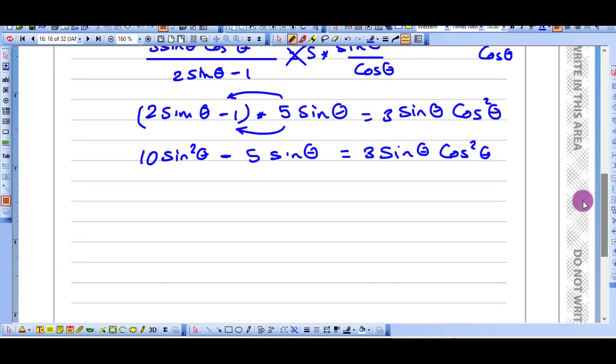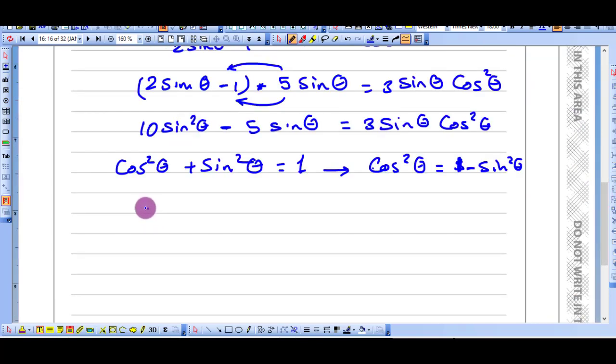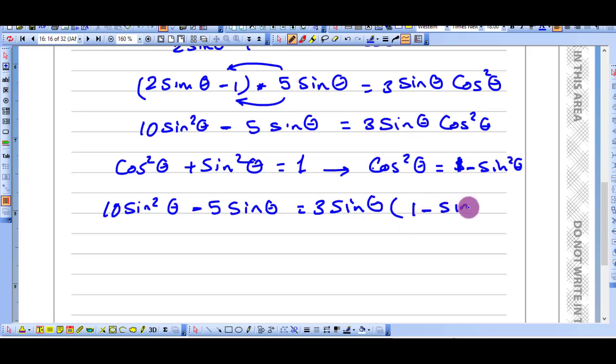We need all the terms using sine, so we know that cosine squared theta plus sine squared theta is equal to 1. So from here cosine squared theta is equal to 1 minus sine squared theta. So let me replace cosine squared with 1 minus sine squared. So I will have 10 sine squared theta minus 5 sine theta is equal to 3 sine theta multiplied by 1 minus sine squared theta.